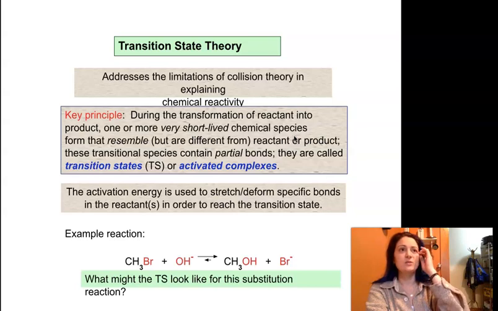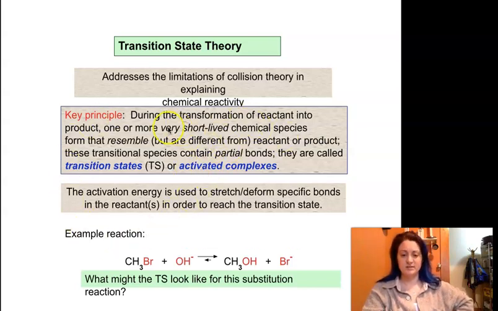And this is where you have bonds breaking and forming simultaneously at the same exact time. It's a very high energy state. It's extremely unstable, which is why it's so high energy in the profile. So when we draw transition states, they look different because you have bonds forming and breaking at the same time.